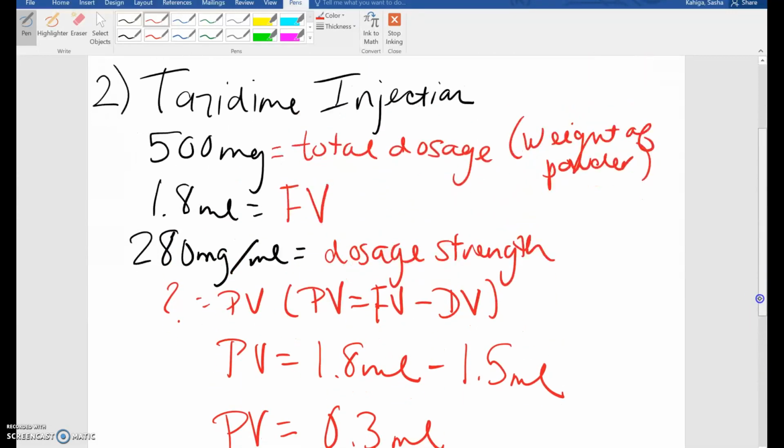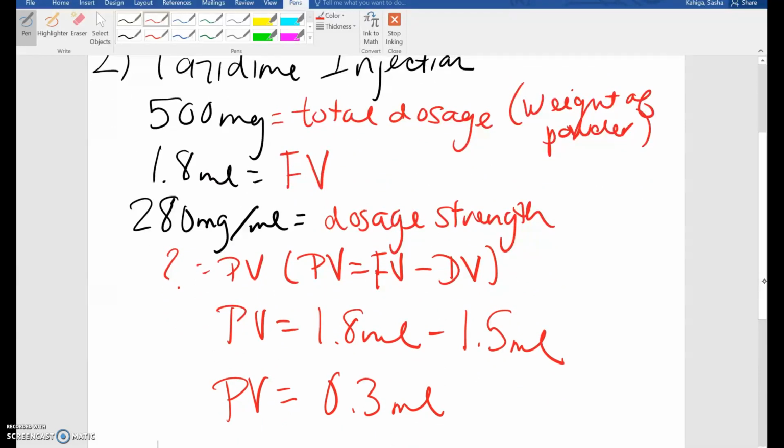That is your powder volume. So if I ask you what is the weight of the powder, that is basically asking you what's the total dosage that's in the container. If I ask you what is the powder volume, the powder volume is the volume of powder or powder displacement from the final volume and the diluent volume. That makes sense if you keep in mind, I told you that the final volume consists of two components, your powder volume and your diluent volume.